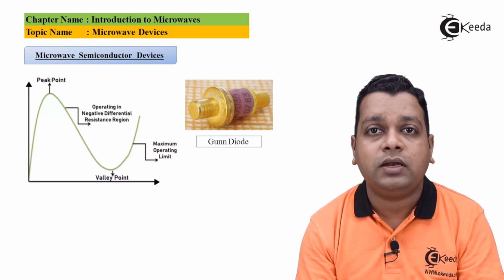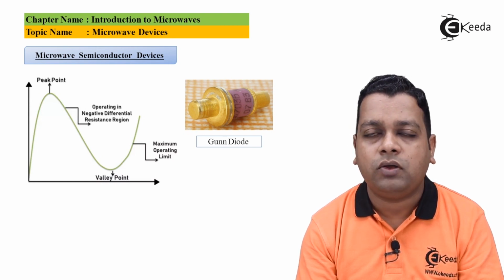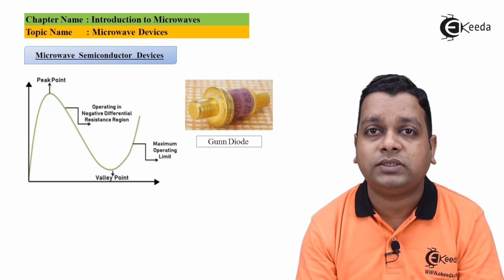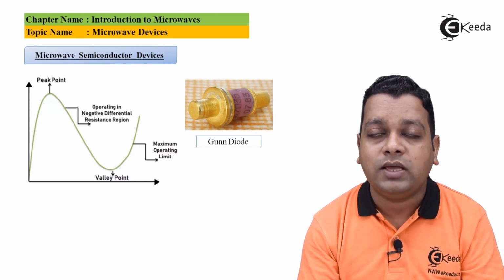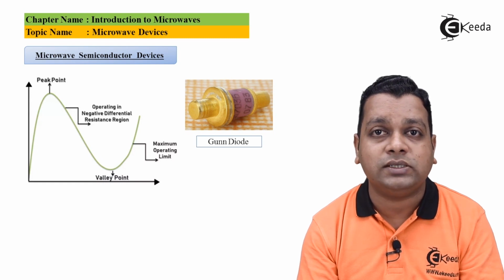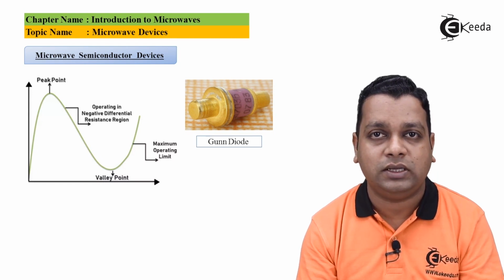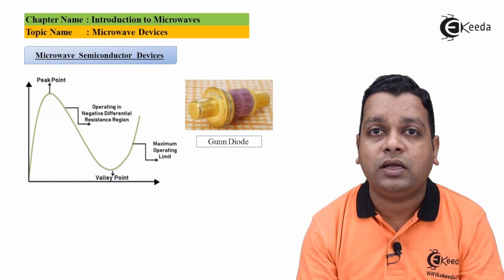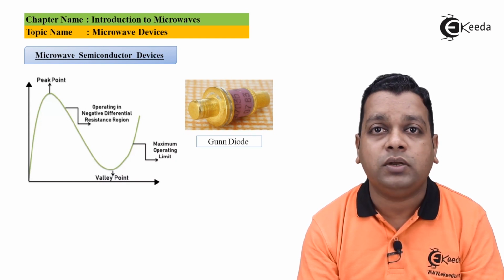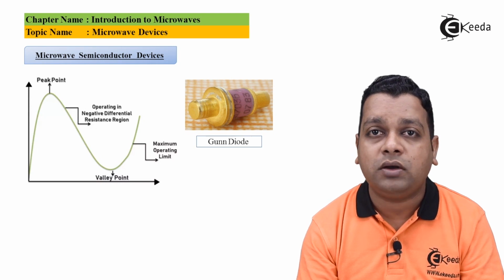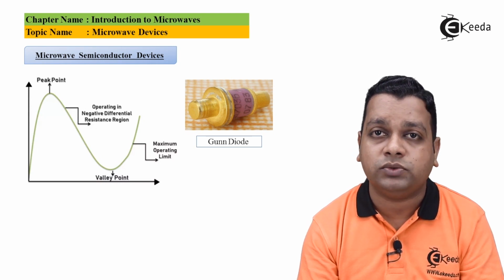So when there is a positive resistance curve, we generally say that the device is absorbing the energy, and when the device is offering a negative resistance, it is dissipating the energy. So it is actually generating a microwave signal there.